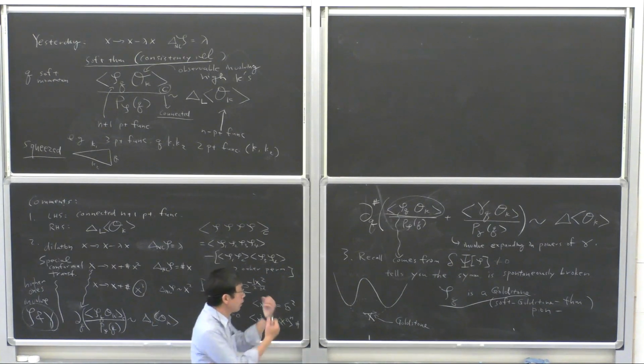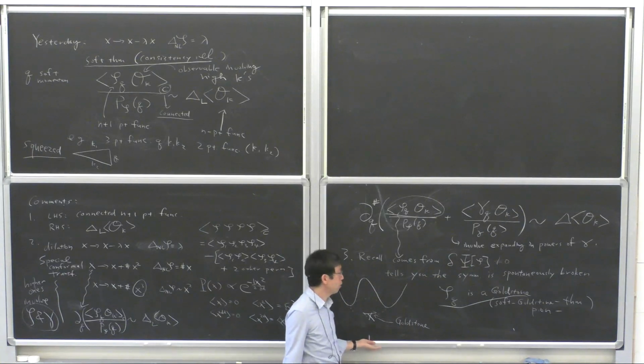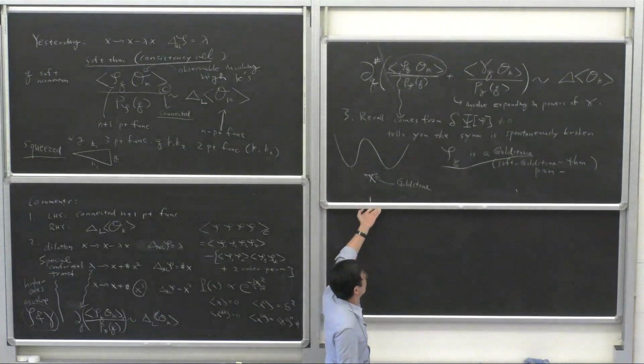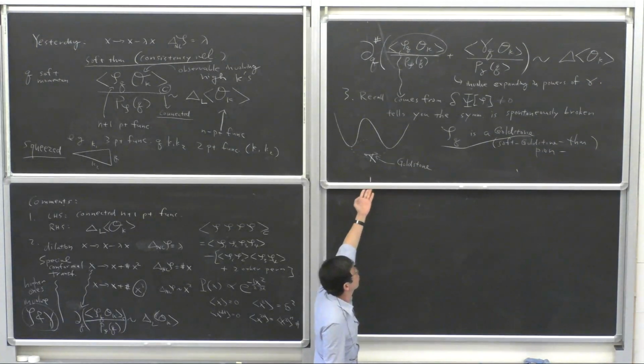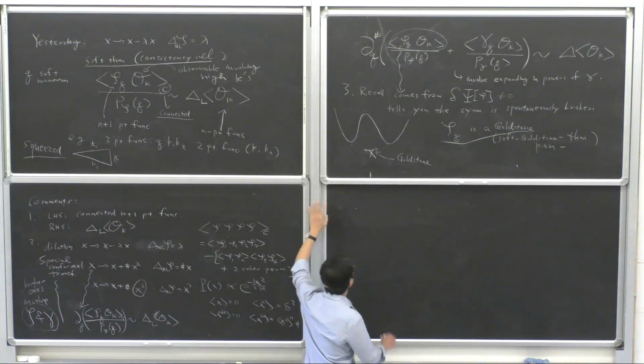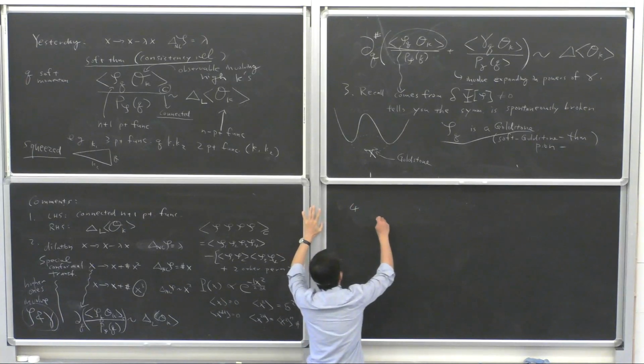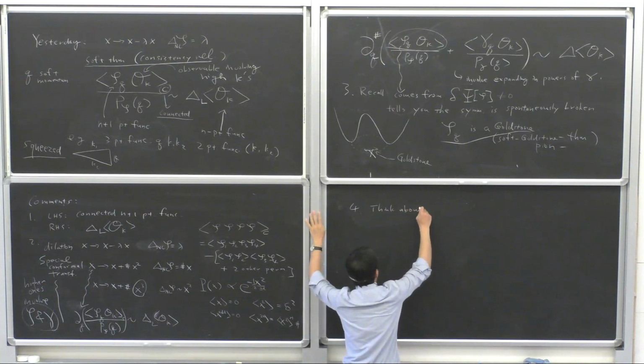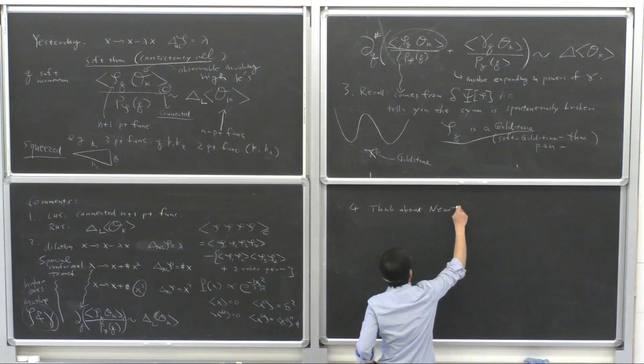Let me bring this even more down to earth by talking about the Newtonian example. Then you will see that what I'm saying is actually very simple. So think about the Newtonian example.